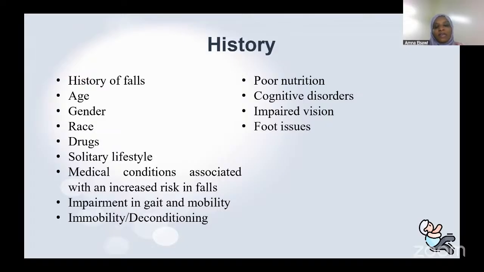The solitary lifestyle is also an important thing to keep in mind while taking the history, because after falling, of course, it's very important to get medical attention immediately, so that even if the patient has complications, it's taken care of immediately.